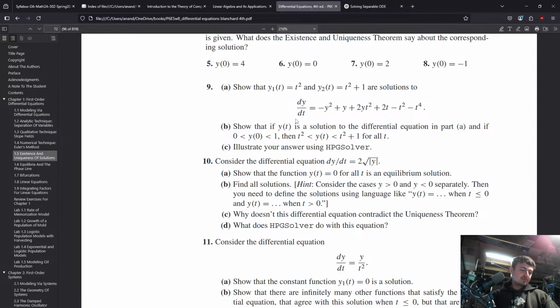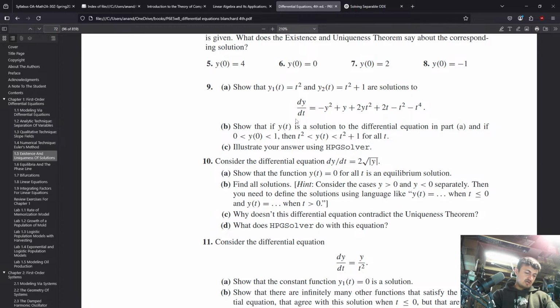Okay, so we still want 2t on the left-hand side, and then we want, do we really want to do this? This is going to be so annoying. Okay, fine, let's just do it term by term. Minus y squared is equal to minus times minus t squared plus 1 squared is equal to t to the fourth plus 2t squared plus 1. So this is a minus times all of that.